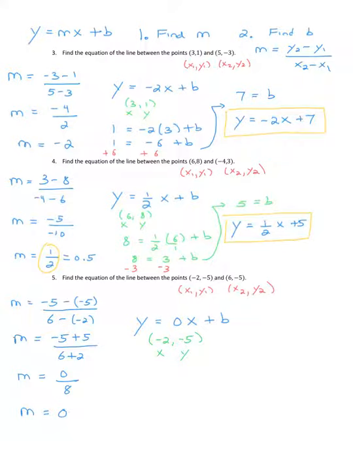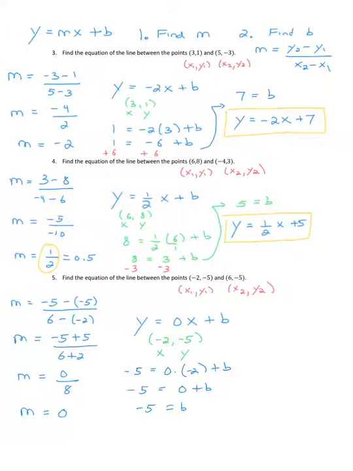If I put all this information into my equation, I get negative 5 is equal to 0 times negative 2 plus b. You get negative 5 is equal to 0 plus b, so you don't need to write the 0, and b is equal to negative 5.